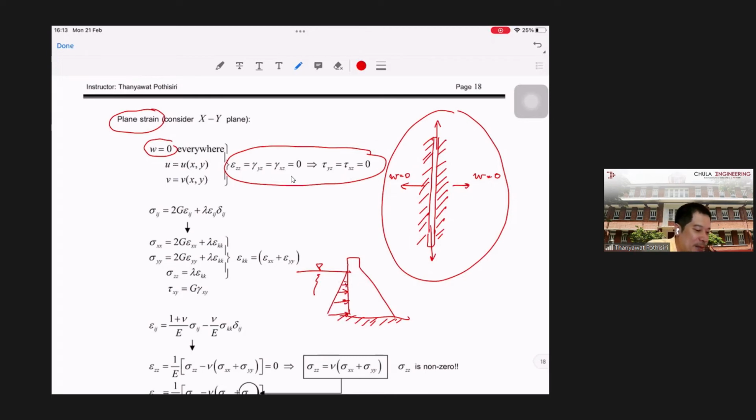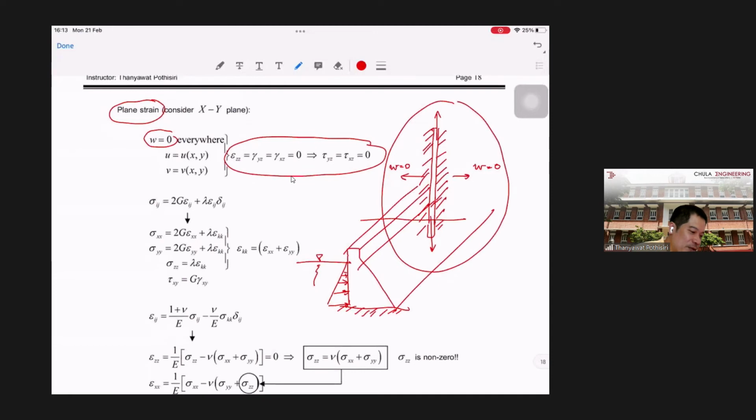And because the dam is usually long, if you slice a thin section, like a slice of bread, a piece of your dam, you can see that on this slice you can think of it as having no movement whatsoever in the perpendicular direction, because it's constrained by the adjacent dam that is quite long.